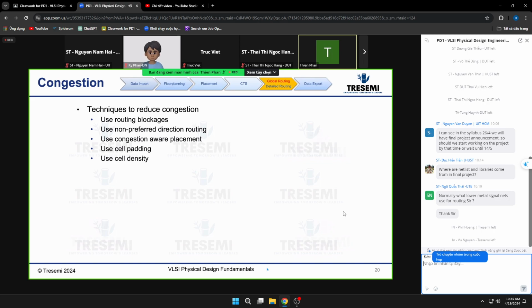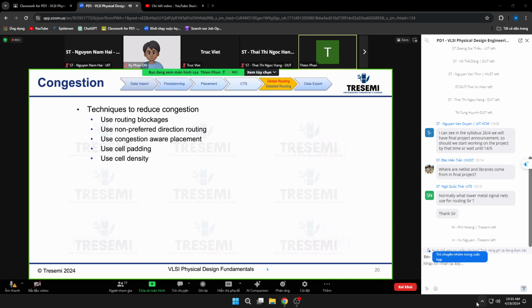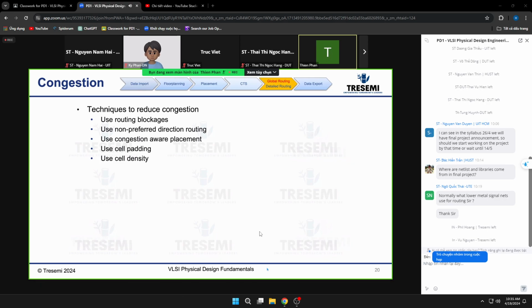Did we miss some routing blockages? Could we add placement blockages? We can do cell padding and those other things, so that you don't have to go all the way back and increase the die size. That's the last thing you want to do.